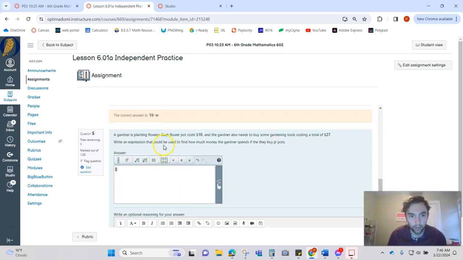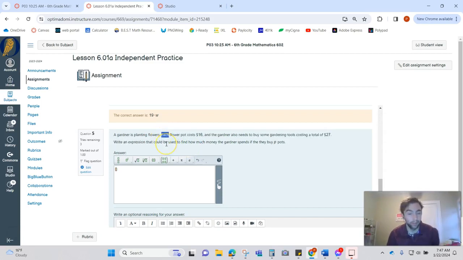I'm going to start by looking at this number. I'm a gardener. I want to buy flower pots that cost $16 each. So 1 costs 16, 2 costs 32. I think I'm multiplying, right?